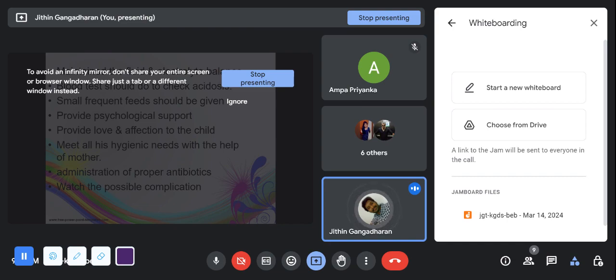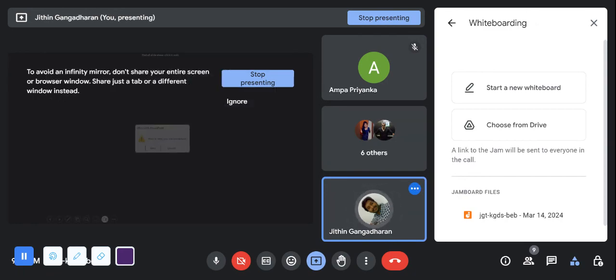Fluid and electrolyte imbalances: you have to check for acidosis, which is respiratory acidosis. Because of the oxygenation and the circulatory problem, electrolyte imbalance will be there, so you have to check for that. Provide psychological support to the mother and family, not to the baby, and watch for complications and so on.